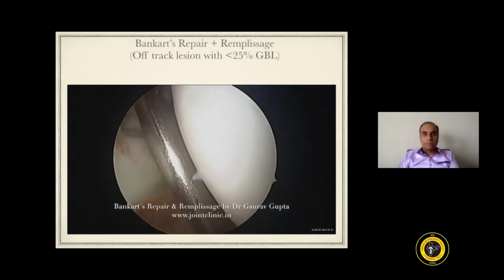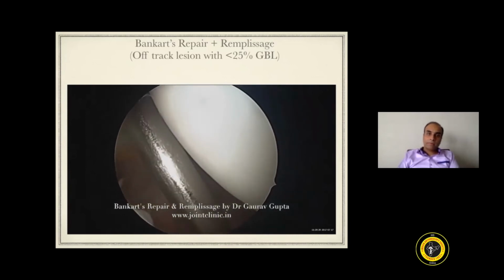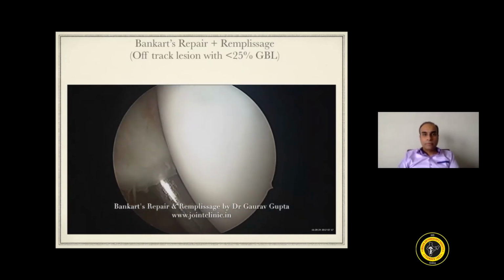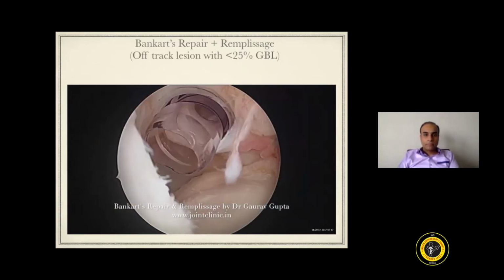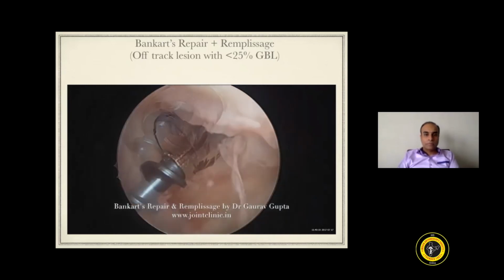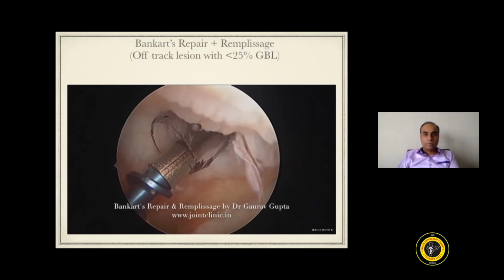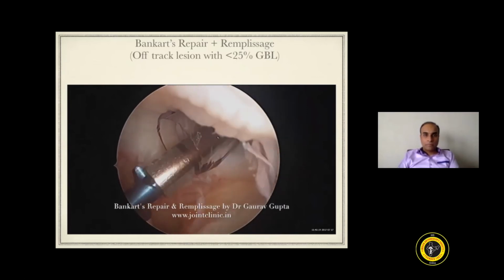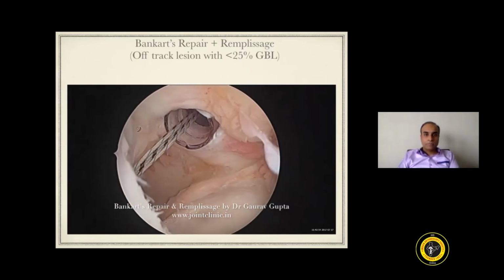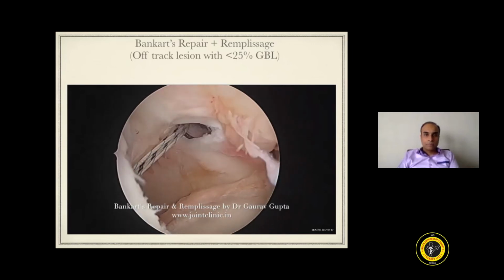Then we establish our anterior portals, making sure of the angle of approach. We shift our scope to the anterior portal and then bring in a suture anchor from the accessory posterior portal. The suture anchor goes straight into the base of the Hill-Sachs defect.